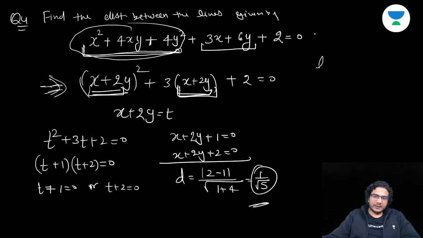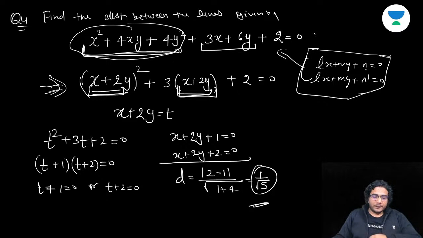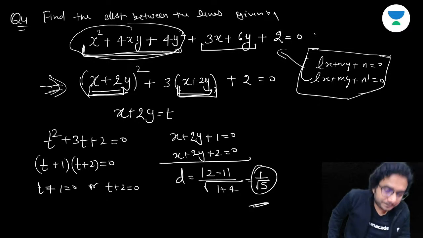Are you assuming these lines lx plus my plus n is equal to 0 and lx plus my plus n dash is equal to 0 and then multiply them and then compare it with this? No, don't do that. You can do that to get the formula. Actually, there's a formula for distance between the parallel lines. Directly you can apply that formula. I'll tell you that formula, and derivation of that formula can be done now.